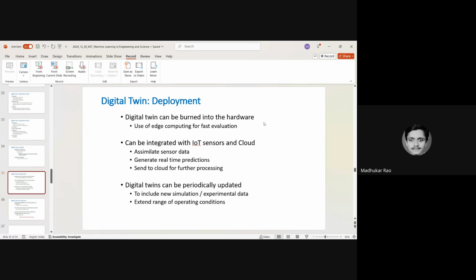So in the cloud, you can do background processing of your data to get the latest update of your assets. And the IoT helps to do part of the processing on the edge or a PLC or whatever. And the sensor data is, of course, assimilated in real time. So digital twins, of course, will be periodically updated to include new simulation and experimental data and to extend the range of your operating conditions.